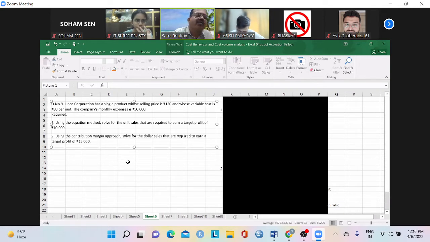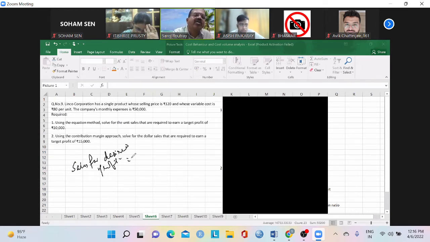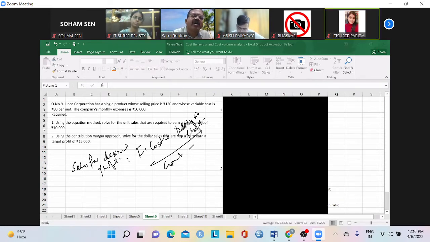If you want to find out using contribution margin approach, your formula will be like this: sales for desired profit is equal to fixed cost plus desired profit divided by contribution margin ratio.